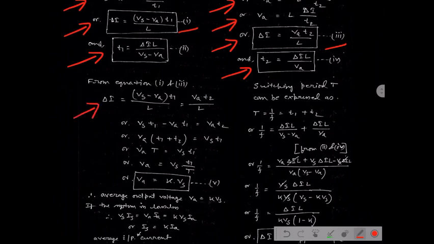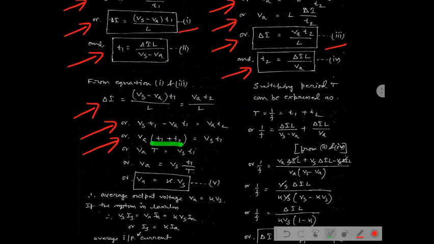So we can write the expression del I equal to (Vs minus Va) times T1 by L equal to Va T2 by L. After simplification, we get Vs T1 minus Va T1 equal to Va T2. Okay, we have taken the common part here. That means again we can rewrite the expression like Va (T1 plus T2) equal to Vs into T1.